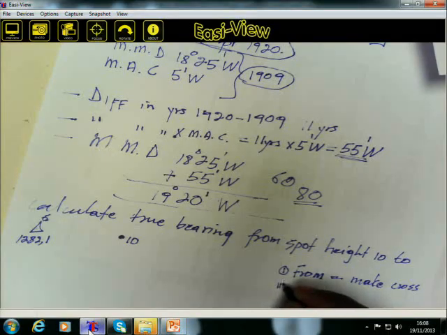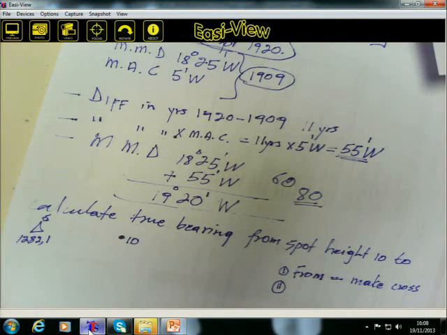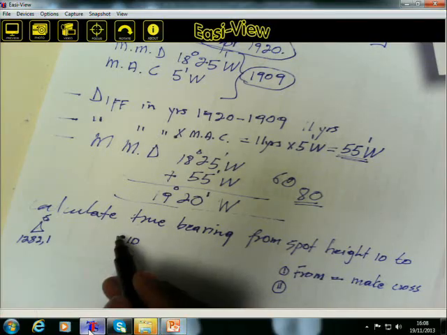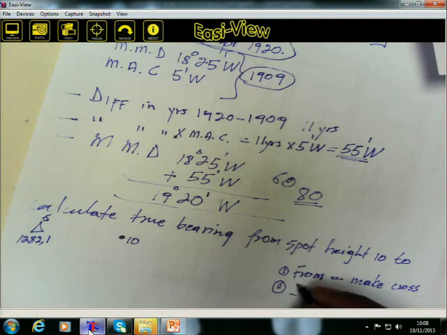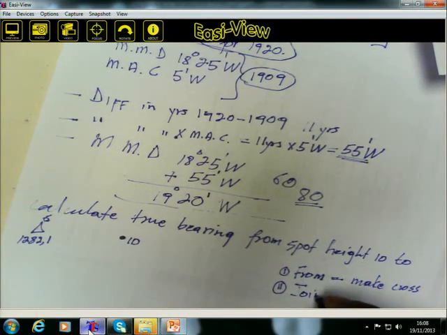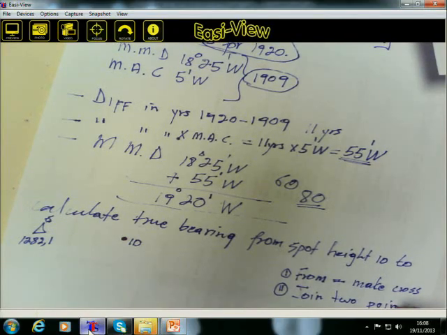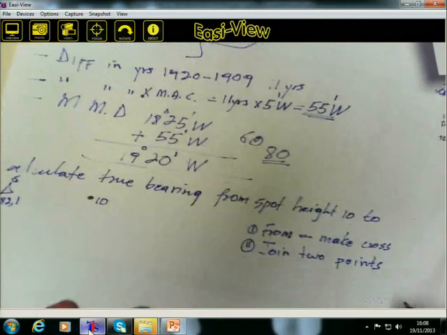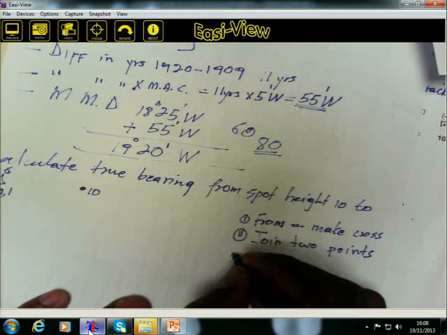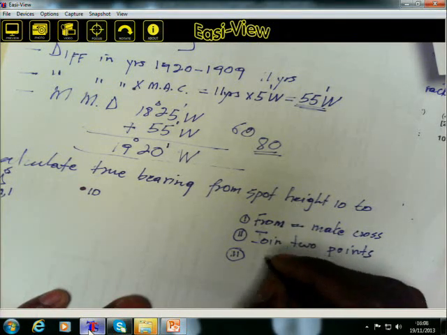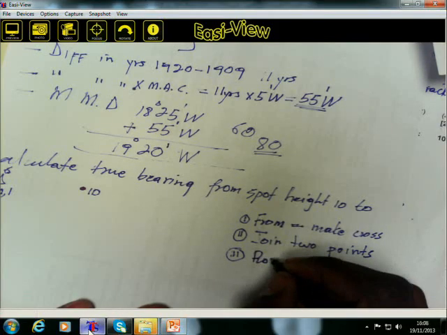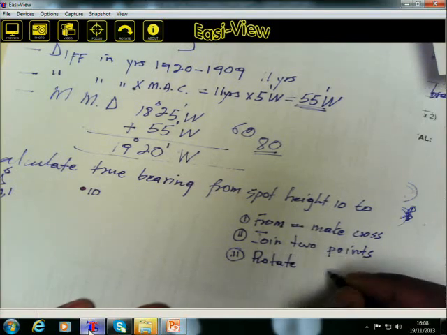Second rule under true bearing, you join the 2 points. Rule number 3, we said you must rotate clockwise.